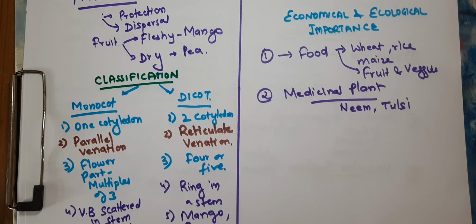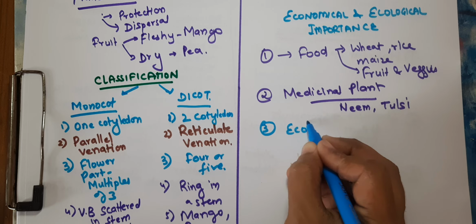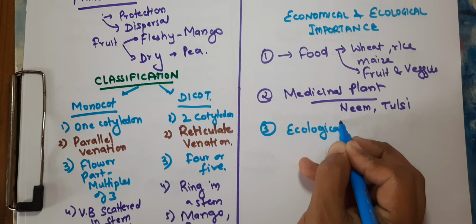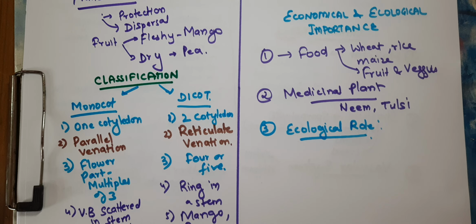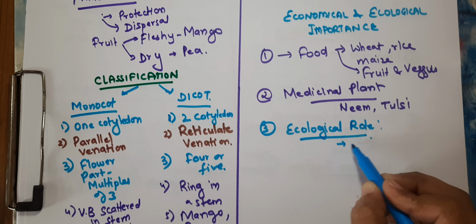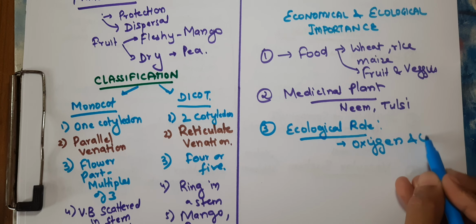Then they have an ecological role, that is quite obvious. What are the ecological roles? Can you think of it? Angiosperms contribute to the balance of oxygen and carbon dioxide.